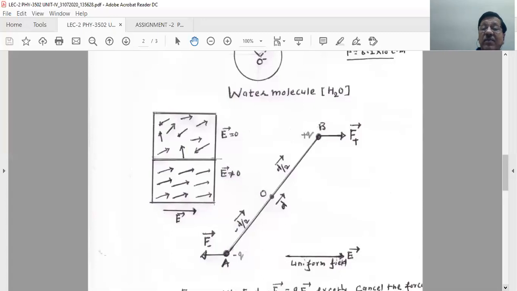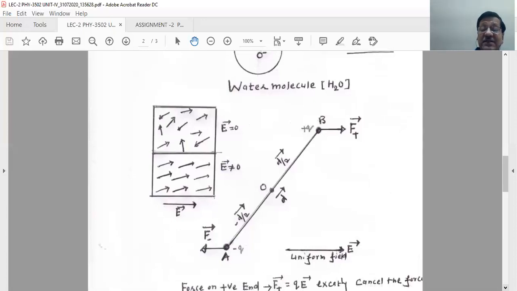But when you apply the electric field, and if the electric field is non-uniform, then in addition to a torque, your dipole also experiences some net force. And because of this net force acting on a dipole, there will be some translation motion also. So let me write down the expression of the net force acting on a dipole when the electric field is non-uniform.